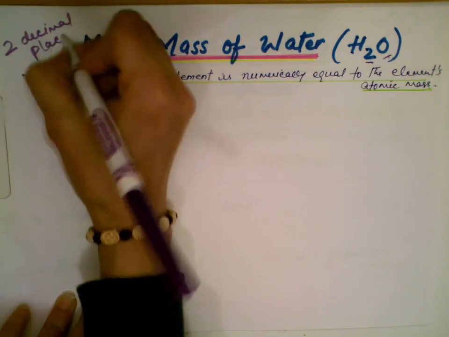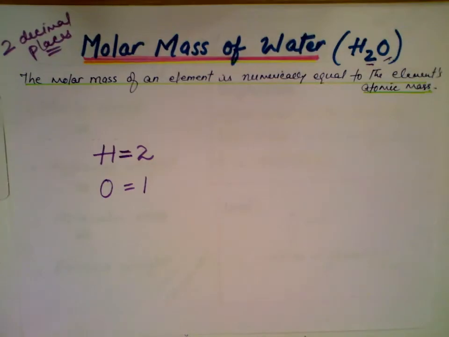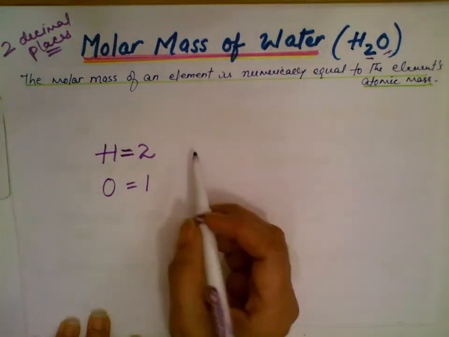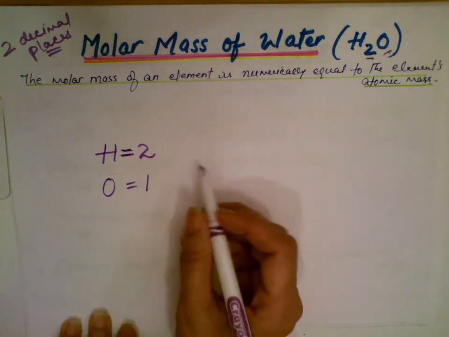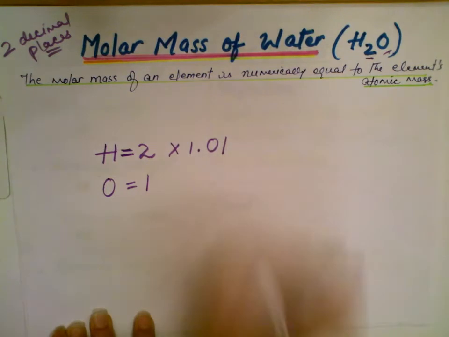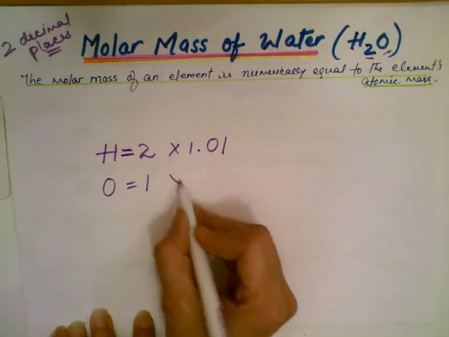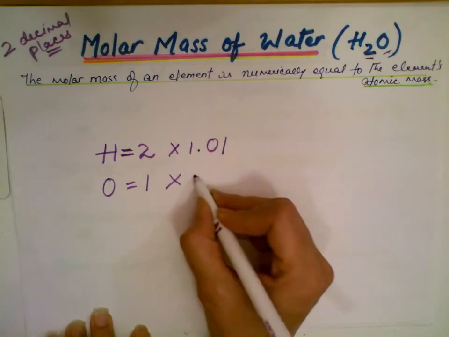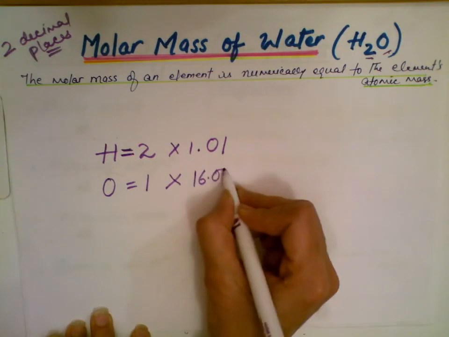Okay, I don't want you to report all the digits, but every time you're dealing with the molar masses in my class, always round off at the 100th place. So 1.008, when you round it off at the 100th place, will become 1.01. Similarly for oxygen, it is 15.999 and that will become 16.00.